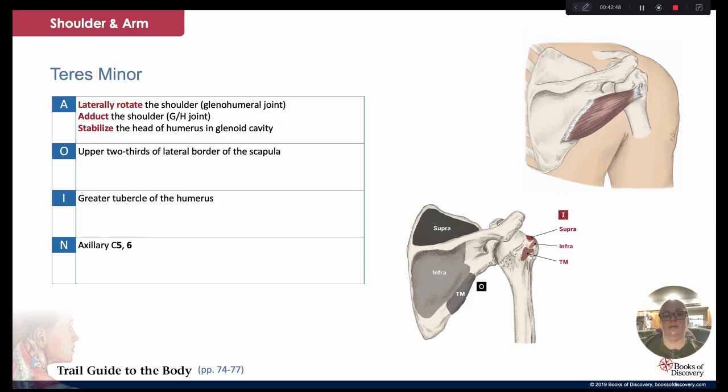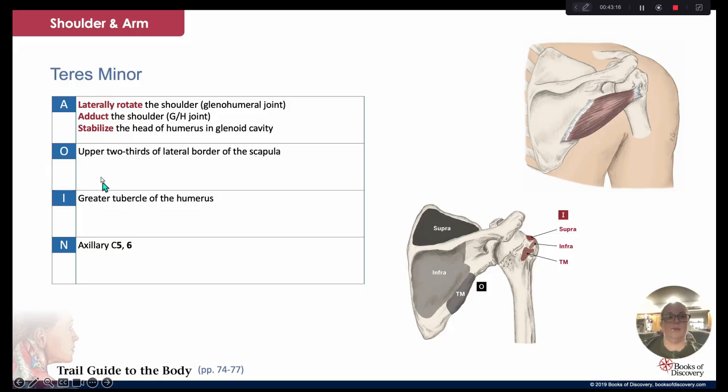Teres minor. So teres minor and the infraspinatus are basically the same thing. Yes, but no. The teres minor is small, but it will carry out these actions that the infraspinatus muscle will do. It'll laterally rotate, adduct, and stabilize the joint. It's just another helper muscle to that bigger muscle, right?